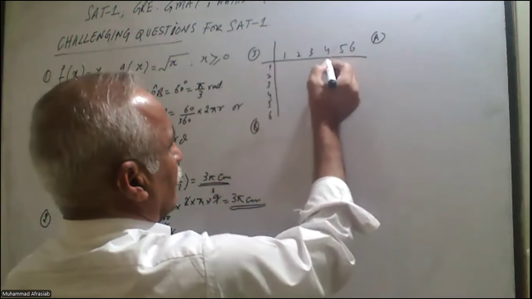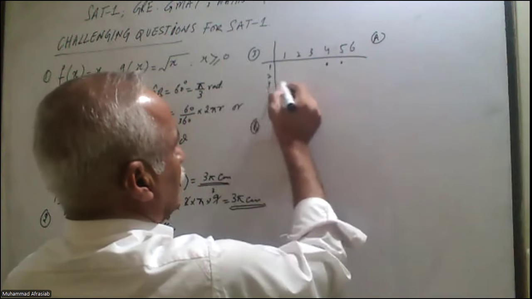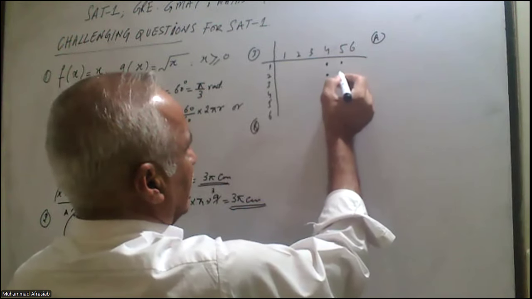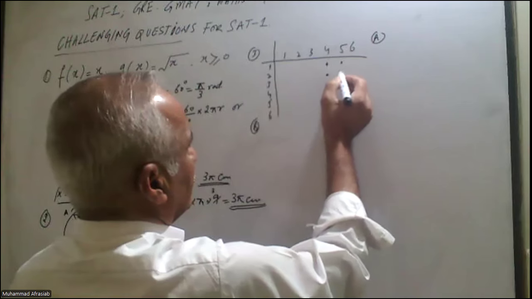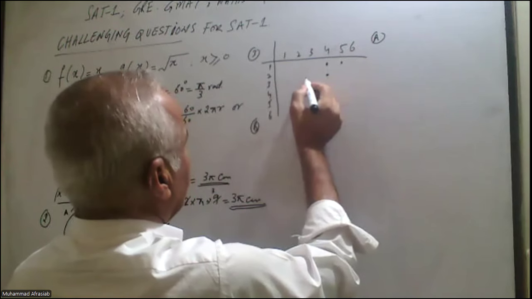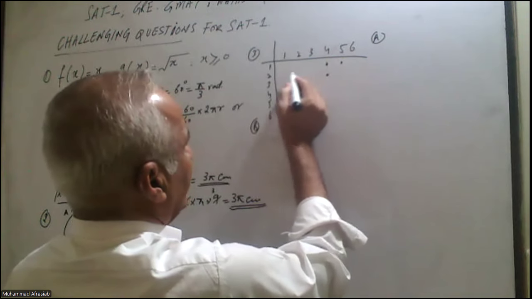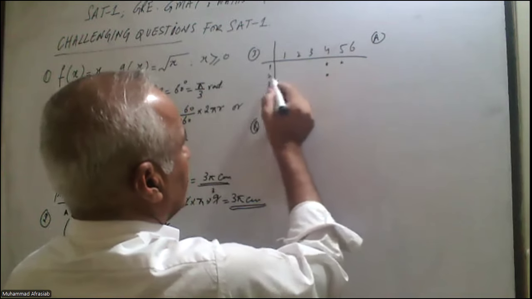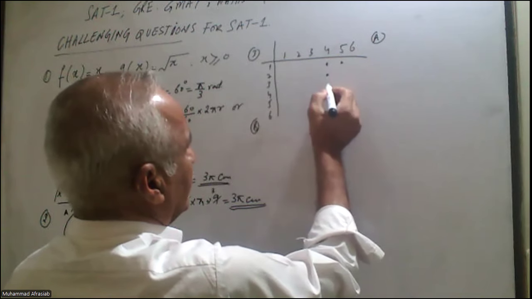So we pair them up: one with 5, one with 6, two with 5, two with 6.